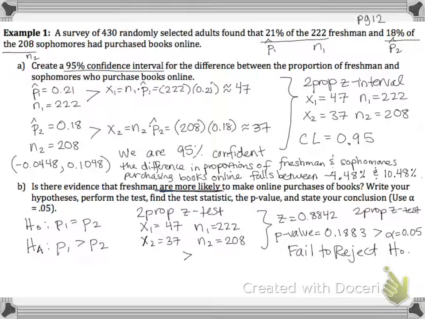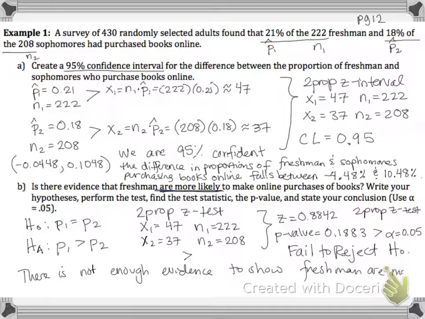So just to clarify what that means, there is not enough evidence to show freshmen are more likely to purchase books online than sophomores, right?